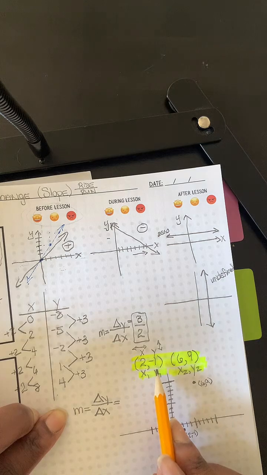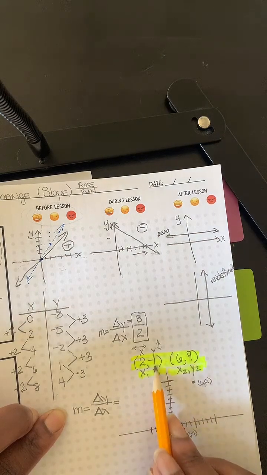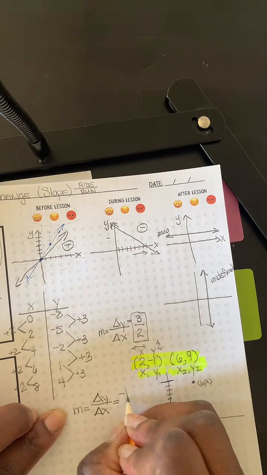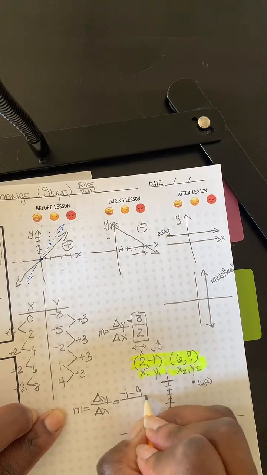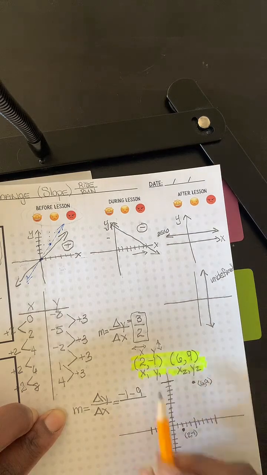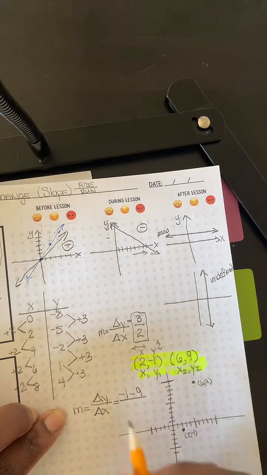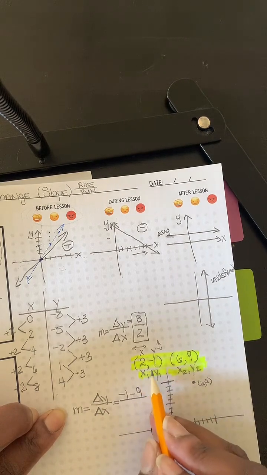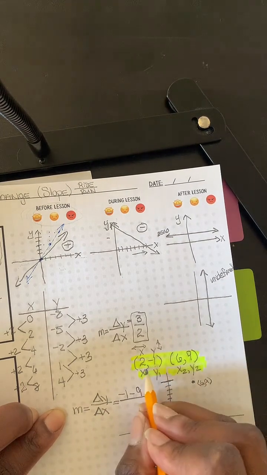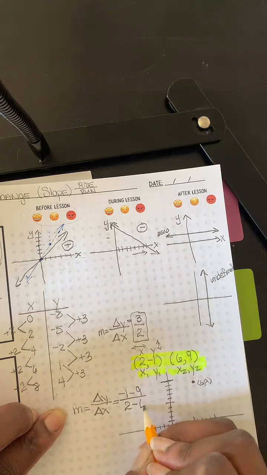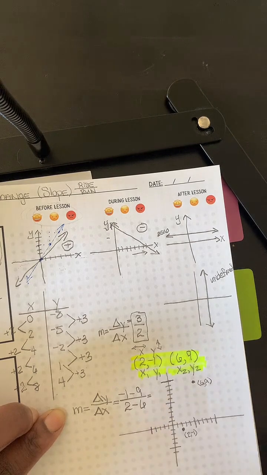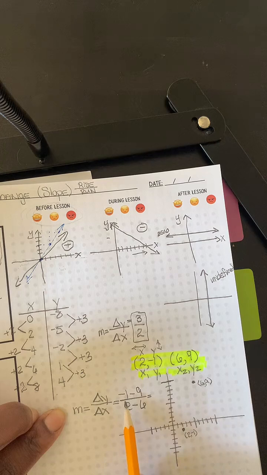So let's take the difference of our y's. We have -1 minus 9. Then we have our x's. Since we started in the first parenthesis, we start with the x's in the first parenthesis. So it gives me 2 minus 6. Now all we have to do is do -1 minus 9.